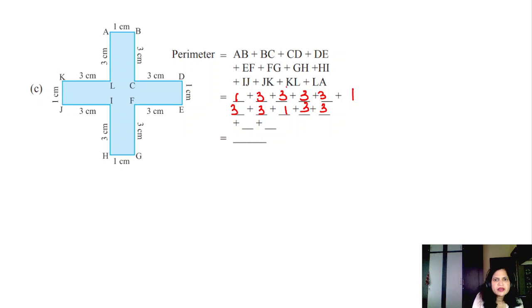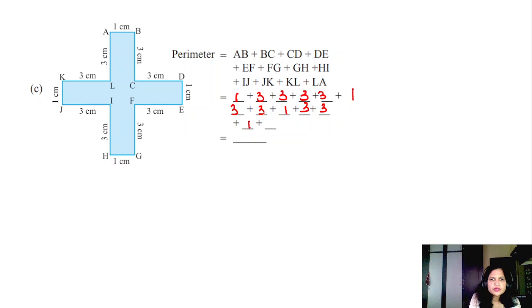Then AB again. How many have they given? AL or LA, it is extra they have given. Everything has been covered. 3, 1, 2, 3, 4, 5, 6, 7, 8. 3, 8, 8, 3 should be there. 4 plus 4, 3.